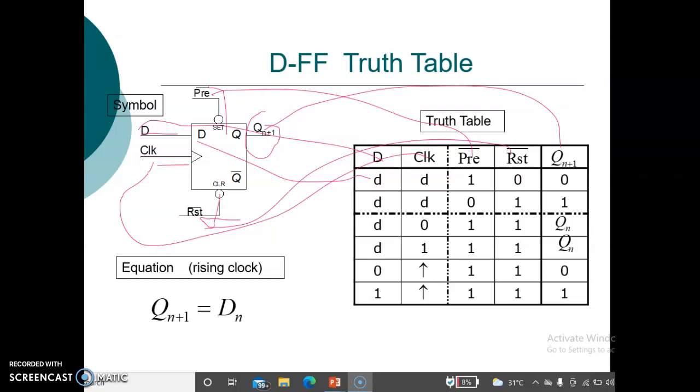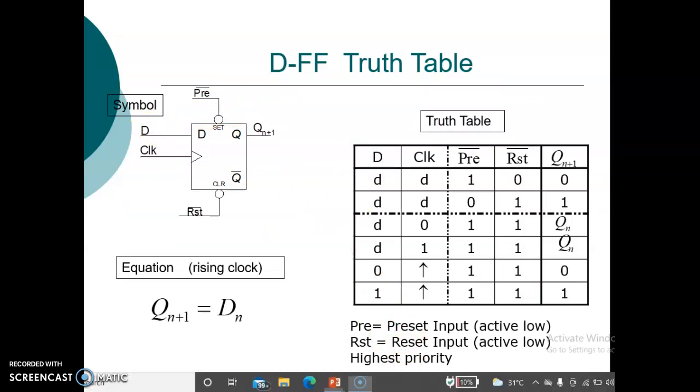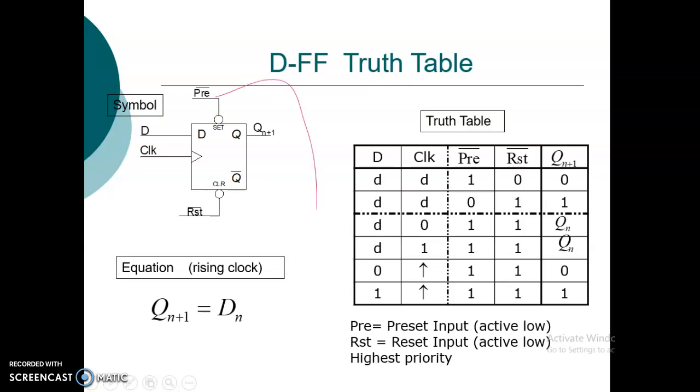Here D input vector 1, rising edge, reset, and then Qn plus 1. Reset input active low, highest priority. Q equals Qn plus 1 equals Dn.